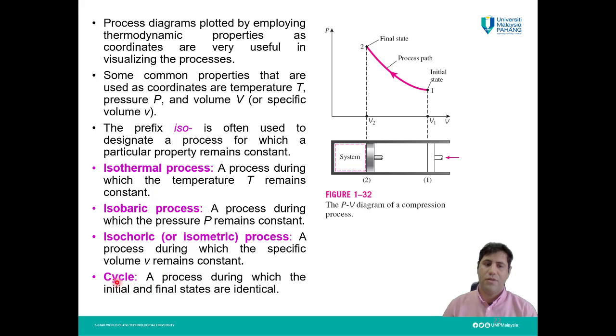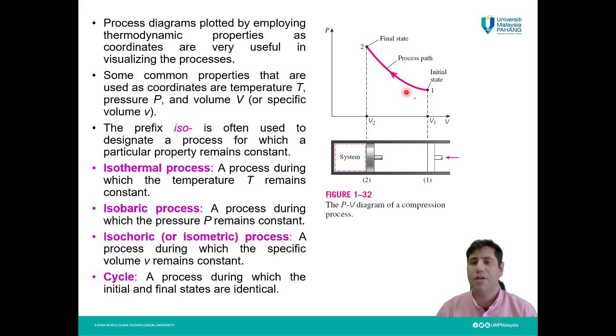And the other important definition is cycle, a process during which the initial and final states are identical or the same. In other words, here we have this process, and the process path is this one from initial state 1 to state 2.